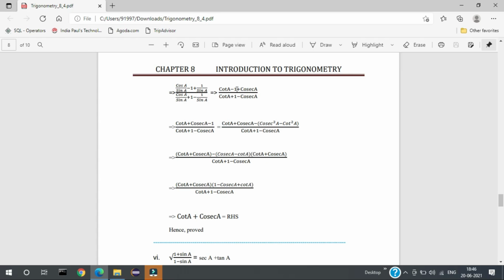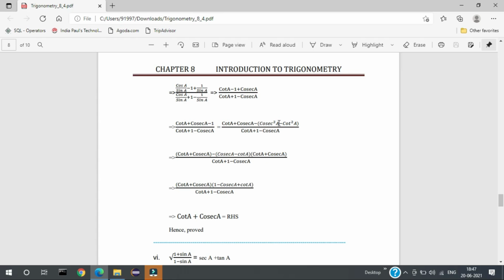Cot A minus 1 plus cosecant A by cot A plus 1 minus cosecant A. So cot A plus cosecant A minus 1 by cot A plus 1 minus cosecant A. That implies cot A plus cosecant A minus 1 can be written in terms of cosecant A and cot A.